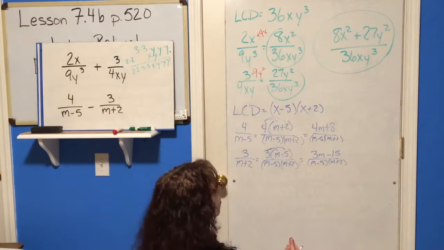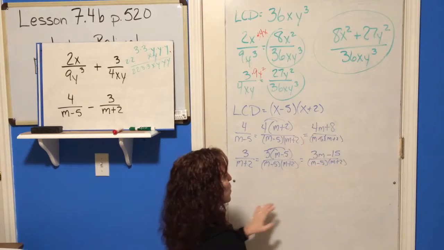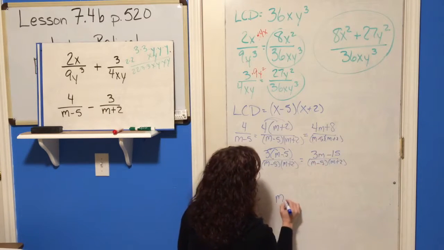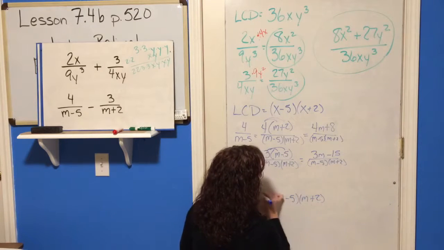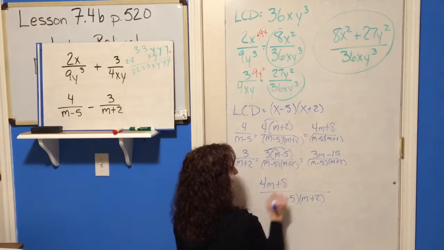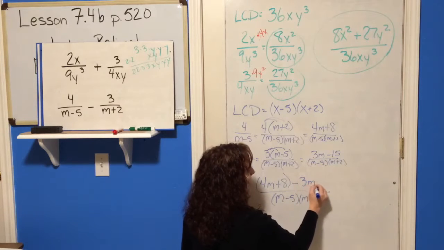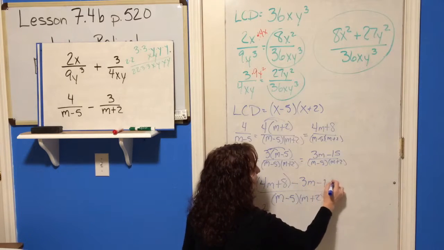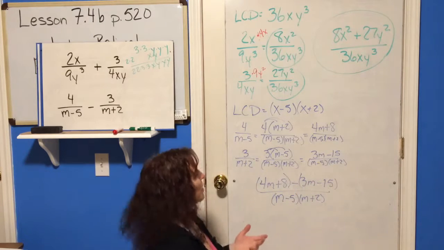So now we've got our two fractions that have the same denominator. And my problem says I want to subtract them. So I want this one minus this one. So I want my same denominator, m minus 5 times m plus 2. And I'm going to take 4m plus 8 minus (3m minus 15). Then we're going to combine like terms and be done. Hang in there. You're going to make this.